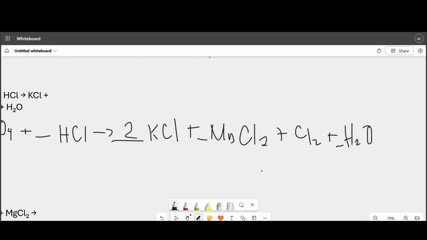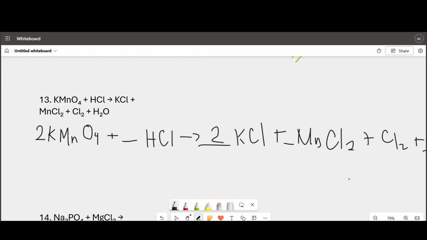No, wait, let's try to balance manganese first, because you have 2 over here. So that means you're gonna have 2 over here as well. Then oxygen.